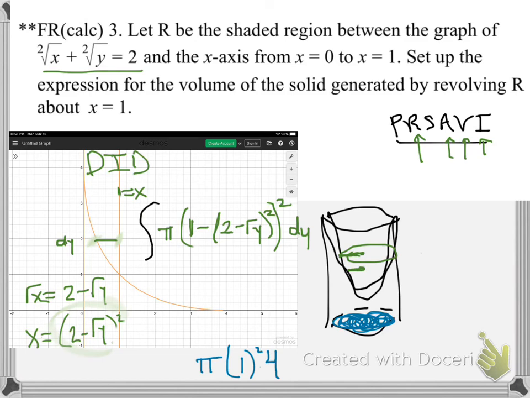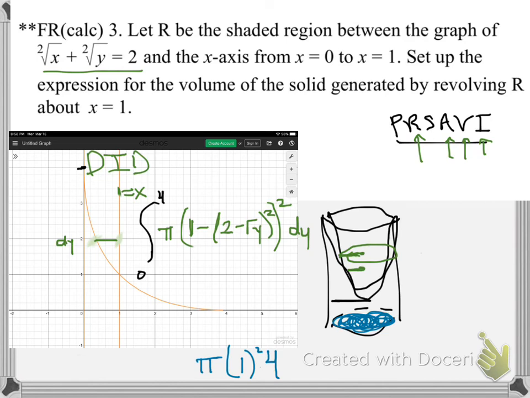Now here's where I really want to think, because where am I making these slices from? I wouldn't start my slices until right here, because that's when that bowl is starting, that cutout from inside. And those slices are going to keep going all the way up to 4. So I really want to integrate from 0 to 4.